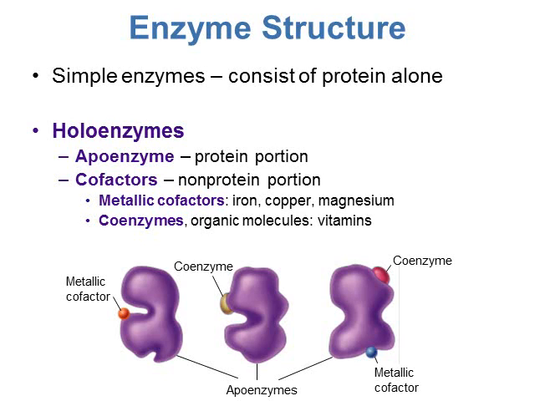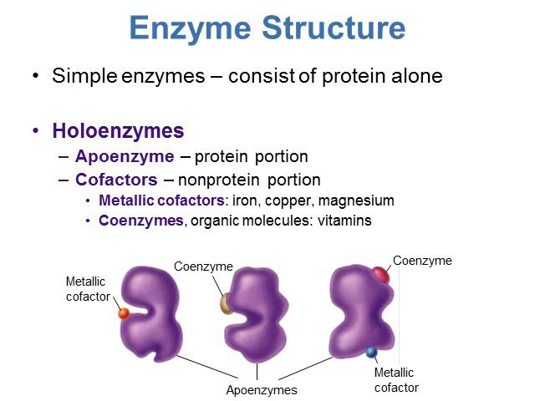So, enzyme structure. These enzymes, these biological catalysts, some enzymes are just really simple. They're just a protein that can work alone. There are other enzymes, holoenzymes, which are made up of a protein portion, the apoenzyme, which is a protein, and then there's a non-protein portion called a cofactor.